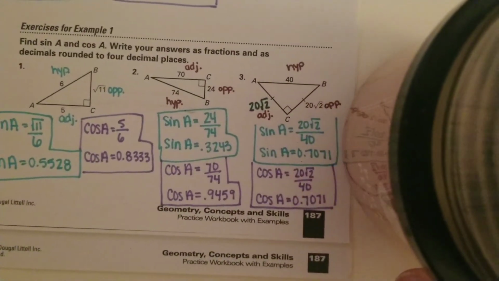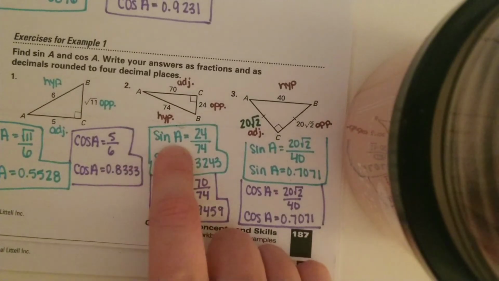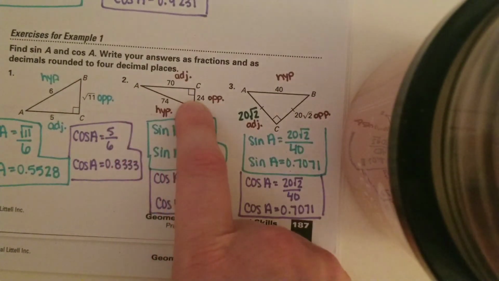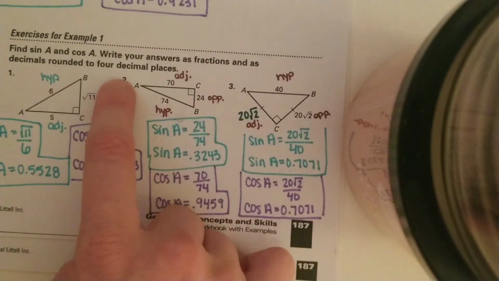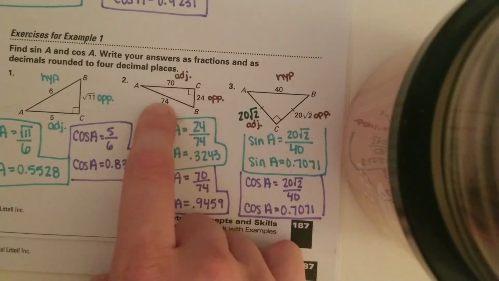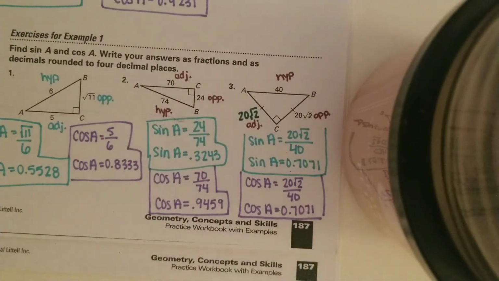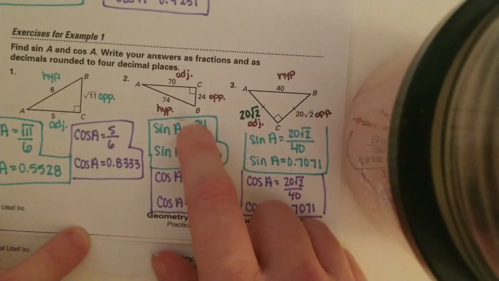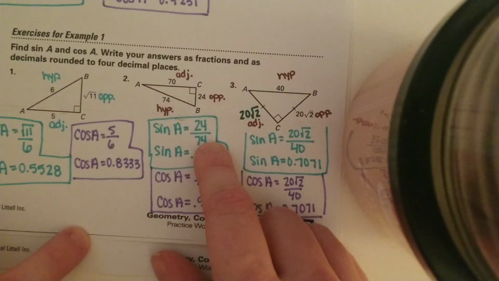Look at number 2. Sine of A. So we're looking at A again. We label our sides. Opposite is across from, adjacent means next to, and hypotenuse is always across from the right angle. So sine, opposite over adjacent. Wow, sine is opposite over hypotenuse.